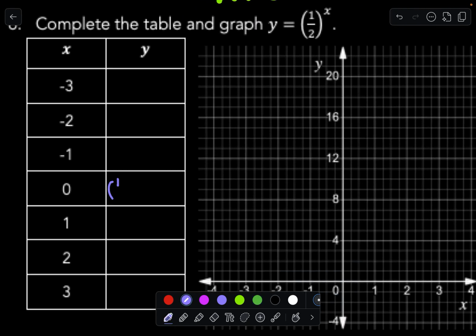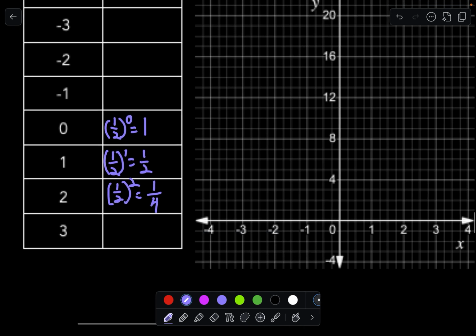We have 1/2 to the 0 power is 1, because any number to the 0 power is 1. 1/2 to the first power is 1/2. 1/2 to the second power is 1/2 times 1/2, which is 1/4. And lastly, on the positive side, 1/2 to the third power is 1/8.